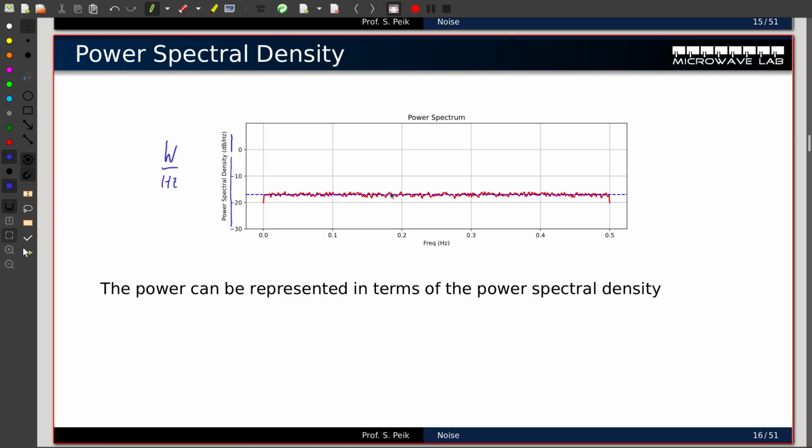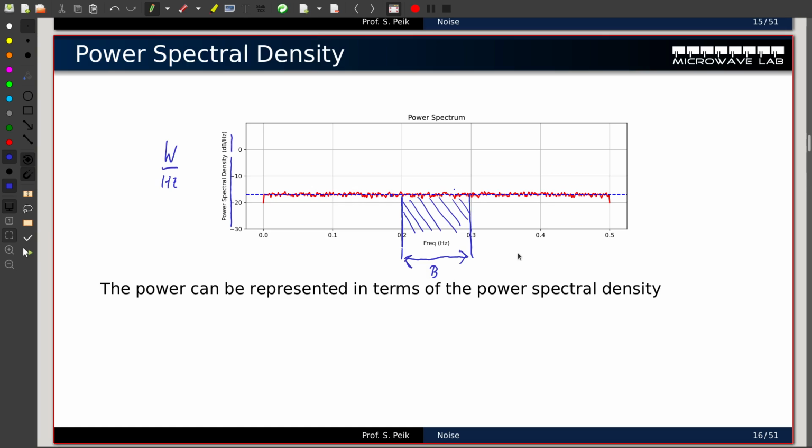In order to find the total power in the signal, you need to know your bandwidth. For example, when I'm going from 0.2 to 0.3 hertz here, since it's normalized, it's very low frequency, this is my bandwidth, then my total power in that band is this area.